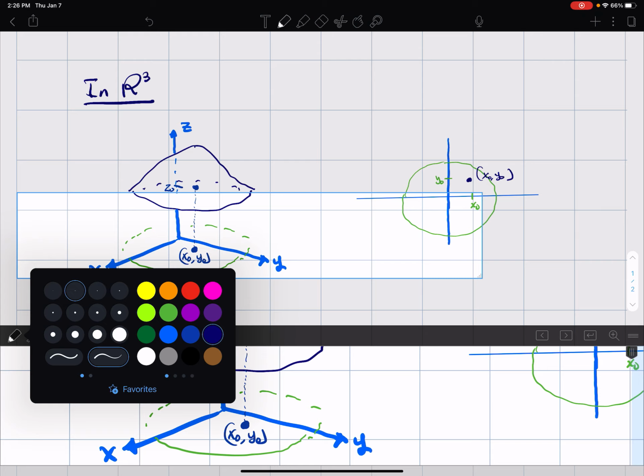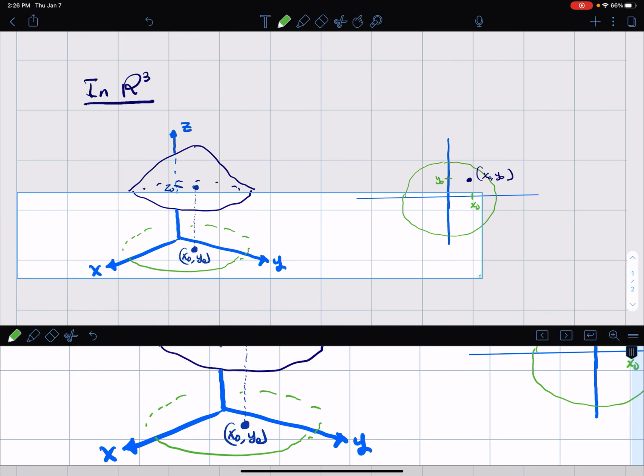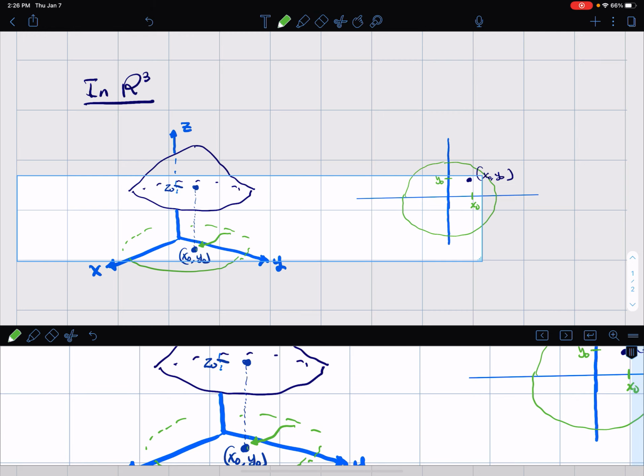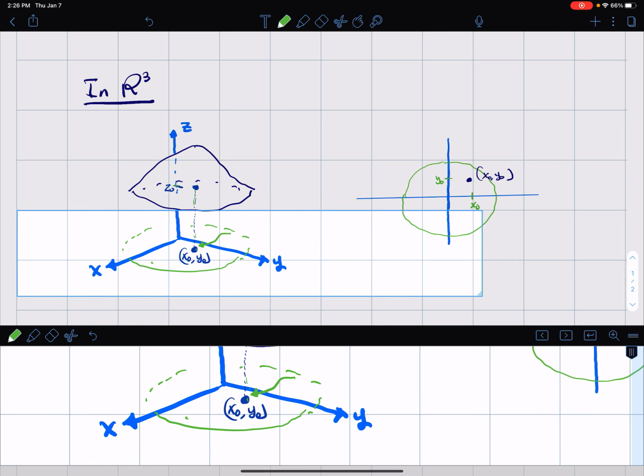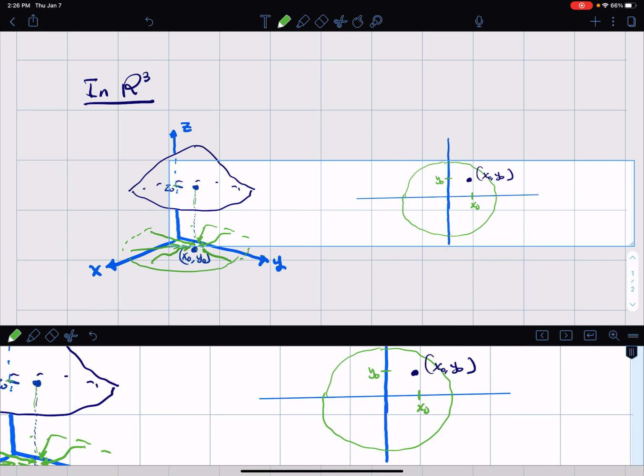All right. So my point is that for the limit to exist at x naught, y naught, whatever path we approach the limit from, the value has to be z naught. So if we approach this point from this path and we go up, our value has to be z naught. I have said x naught. If we're trying to approach this point from here, it doesn't matter where we're approaching from, right?